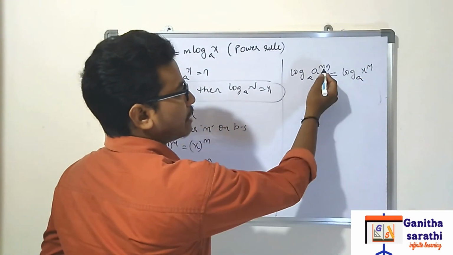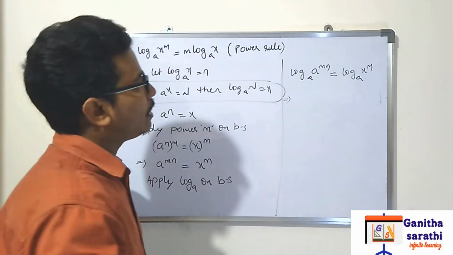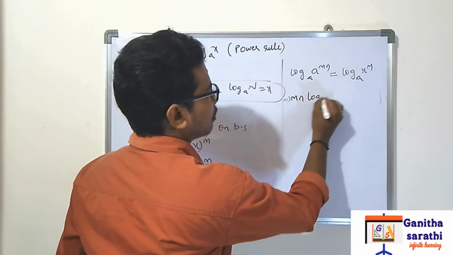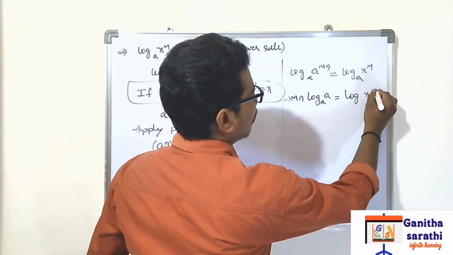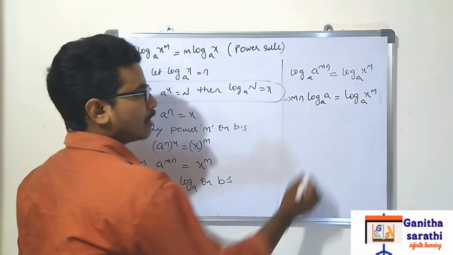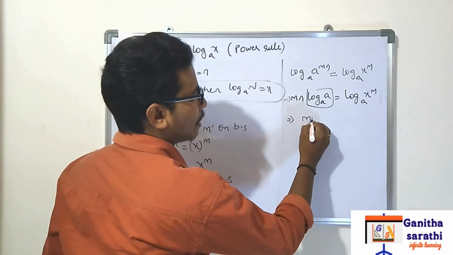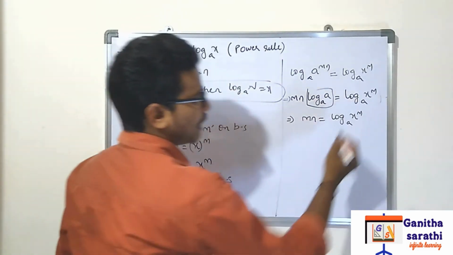Now this mn will come to the front side, meaning m into n will be mn log a base a is equal to log x to the power m base a. You know that log a base a will be 1. mn into 1 will be mn. mn is equal to log x to the power m base a.